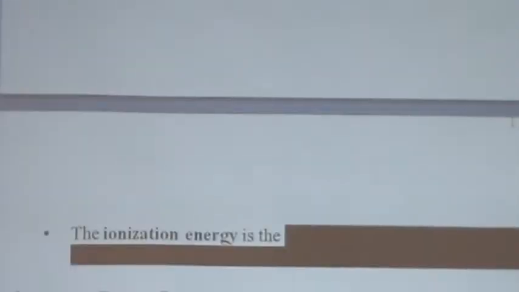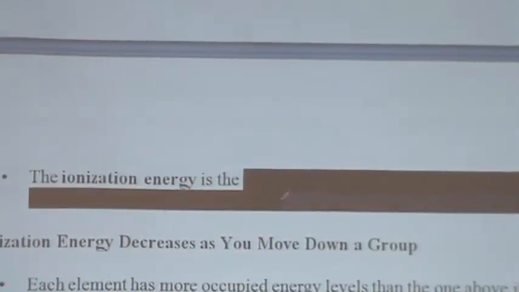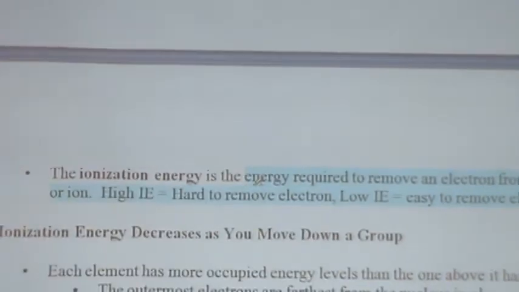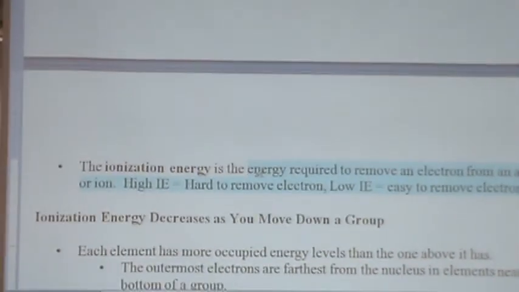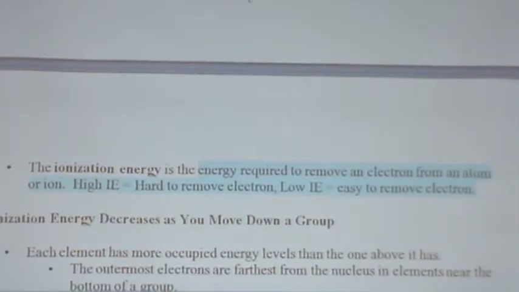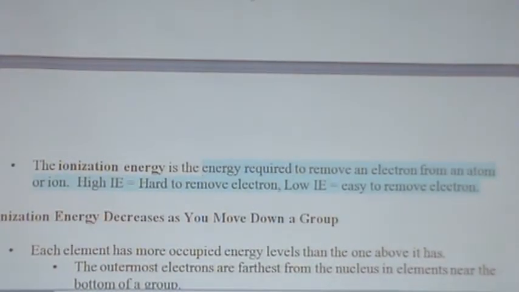It gets a little complicated, so follow along. The first one is called ionization energy. Ionization energy is the energy required to remove an electron from an atom.